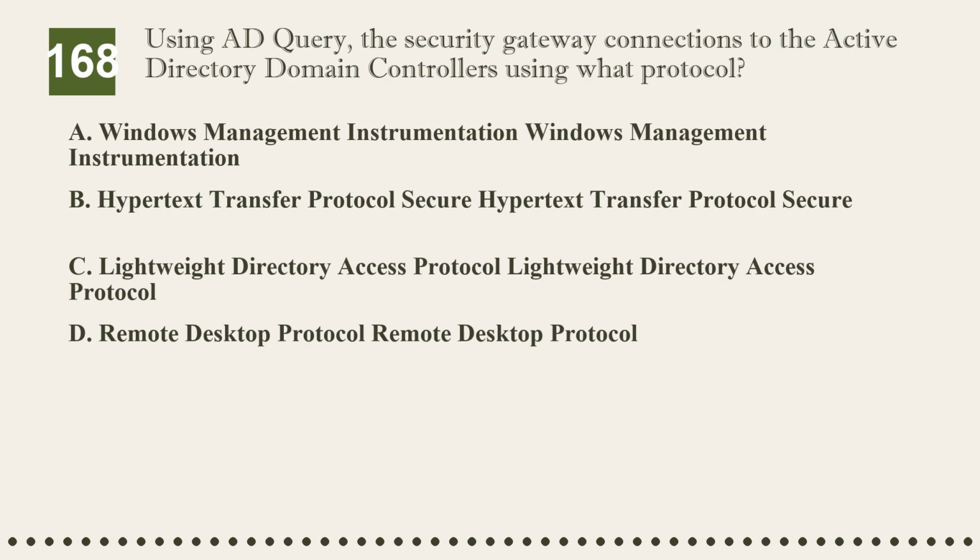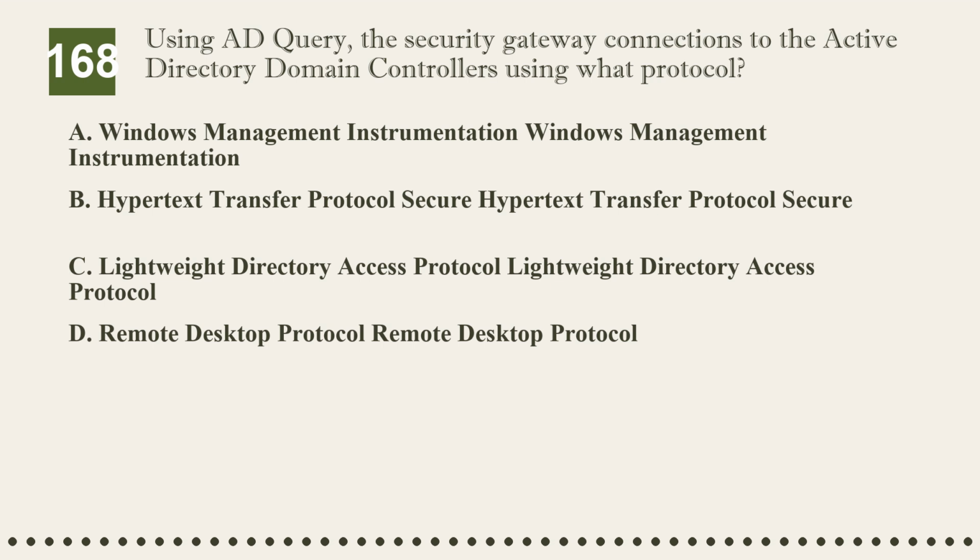Question 168. Using AD Query, the security gateway connects to the Active Directory domain controllers using what protocol? Option A, Windows Management Instrumentation. Option B, Hypertext Transfer Protocol Secure. Option C, Lightweight Directory Access Protocol.